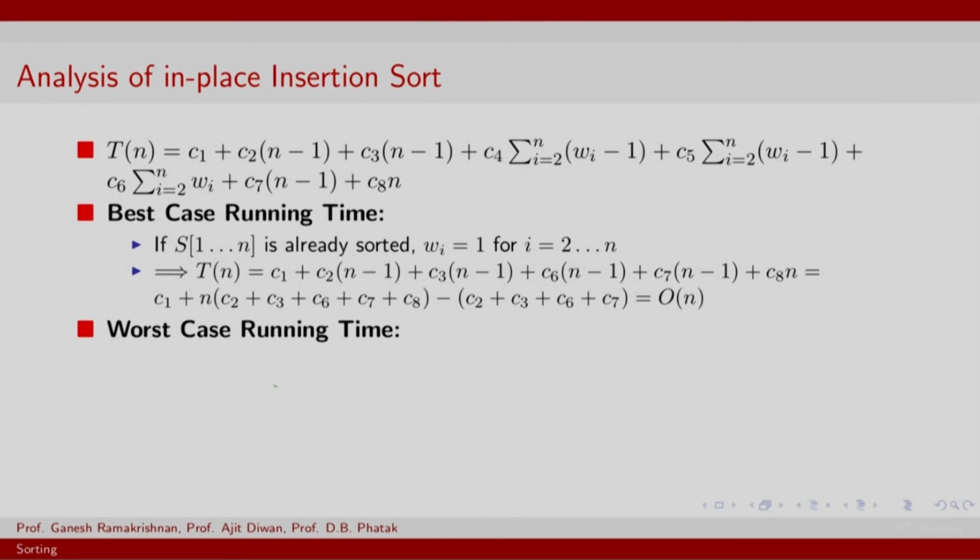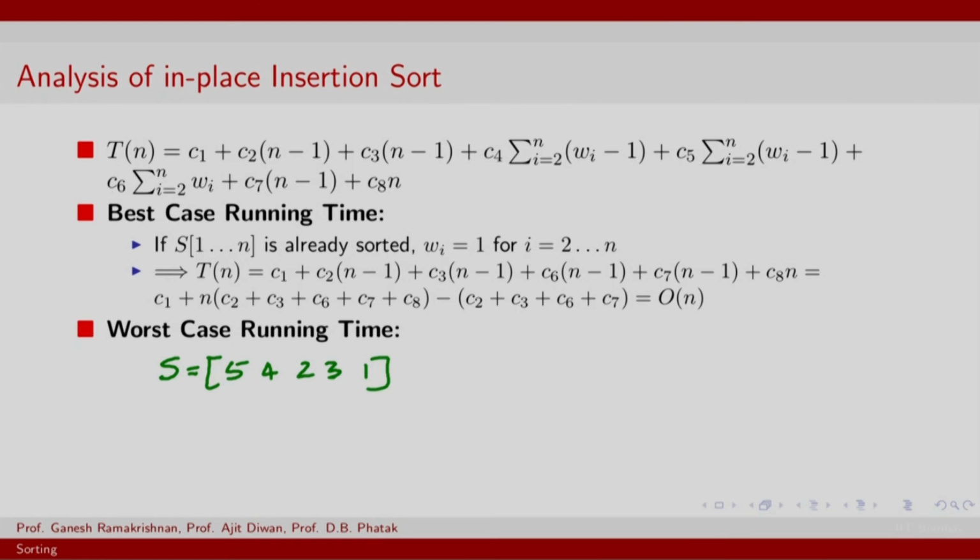How about worst case running time? Consider a list sorted in descending values, so 5, 4, 3, 2, 1. When you are inserting a 4, you will need to go all the way to the left, in fact hit the leftmost wall and put the 4 there.